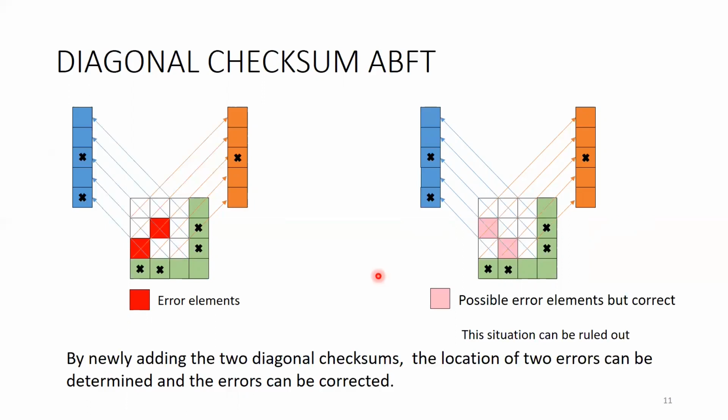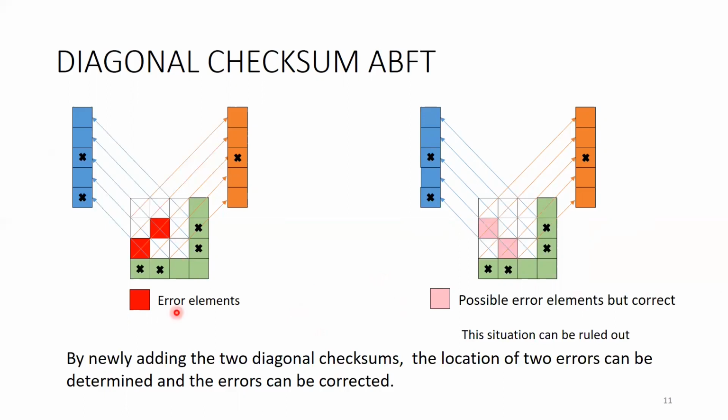Errors occurring in the red blocks or pink blocks can lead to the same marked inconsistent rows and columns. With row checksum and column checksum, we cannot determine the location of the errors. In order to determine the location of errors, we should check the sum of elements along the diagonal line.